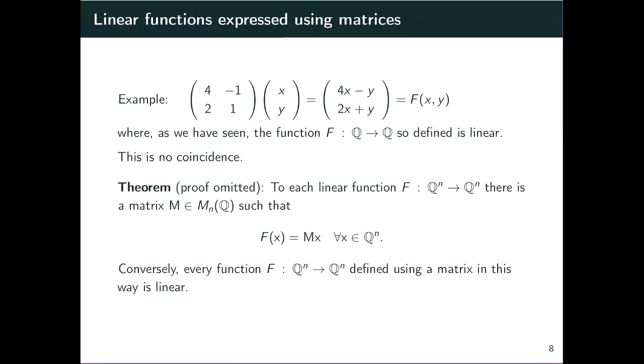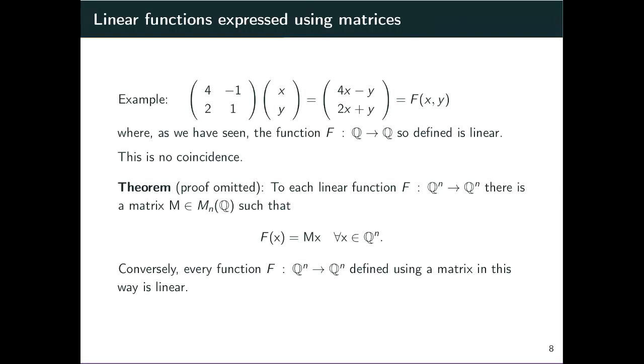Okay, and so what we want to highlight here is that in our example, we had this linear function, and we managed to find a matrix that imitated this function via changing the vector into a column vector and then defining matrix multiplication in a certain way. This is not a coincidence, and it's not part of the course to understand the proof or anything like that, but you should know it.